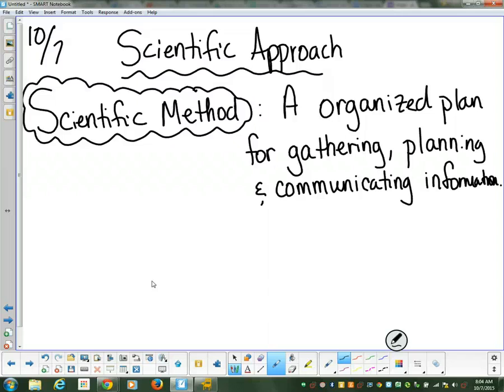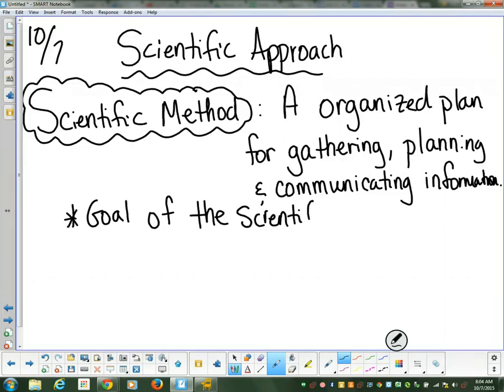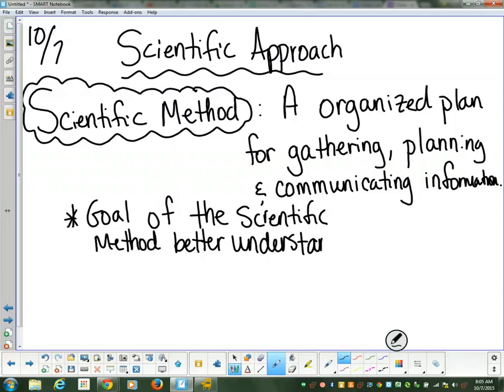Now, there are 5 steps to the scientific method, and the goal of the scientific method is basically to be able to better understand or answer a question.